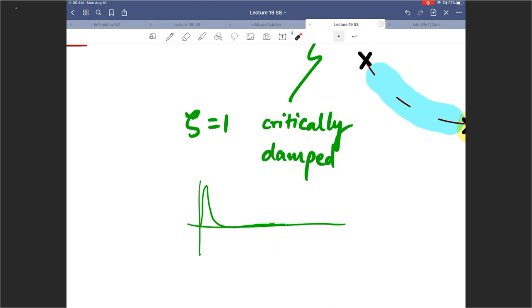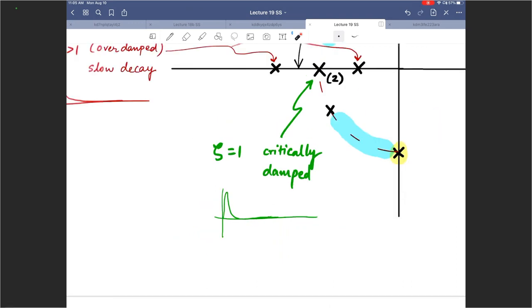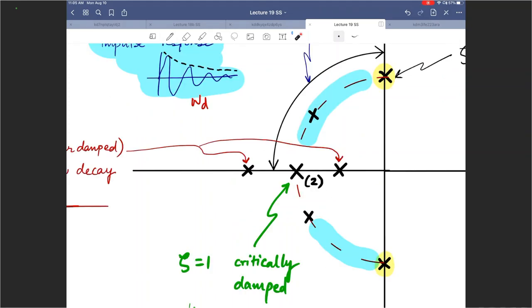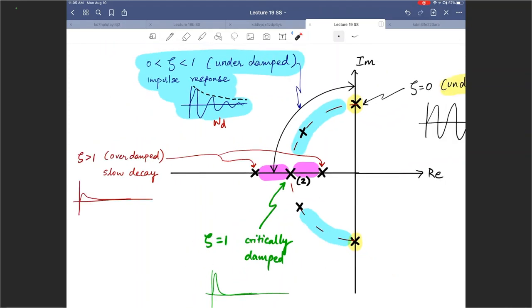As you increase the damping factor beyond 1, this pole will move this way to the right and the other pole will move to the left. One pole will move to the right, one pole will move to the left. When zeta is greater than 1, that's called an overdamped system, and that leads to a slow decay.